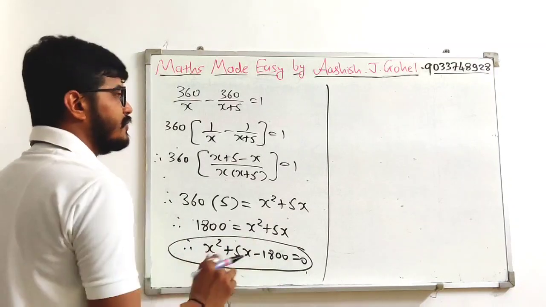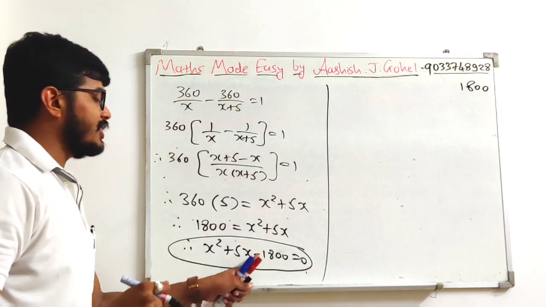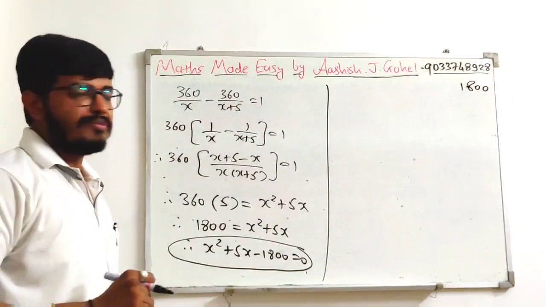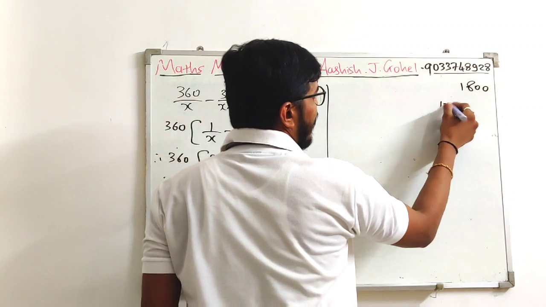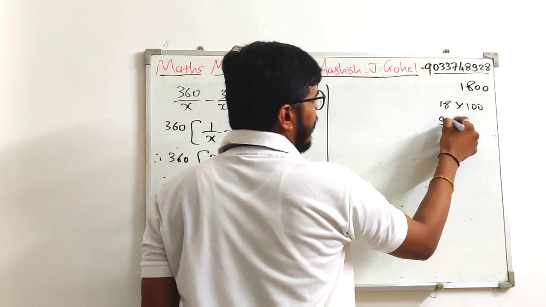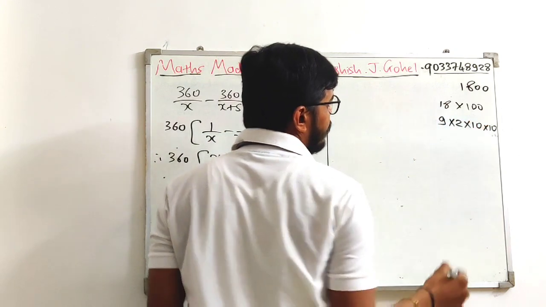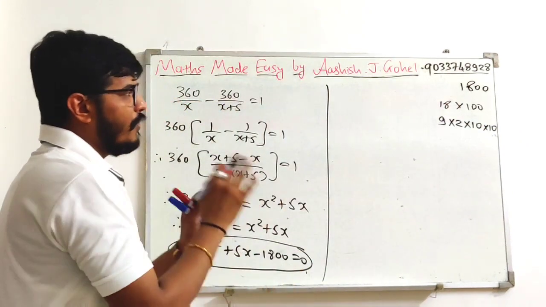Again we will use factorization method. We need to factorize 1800 such that subtraction of factors will give you 5. So the factors of 1800 are 18 into 100. Let us factorize this more. So 9 into 2, here you can write 10 into 10. Now what we will do?